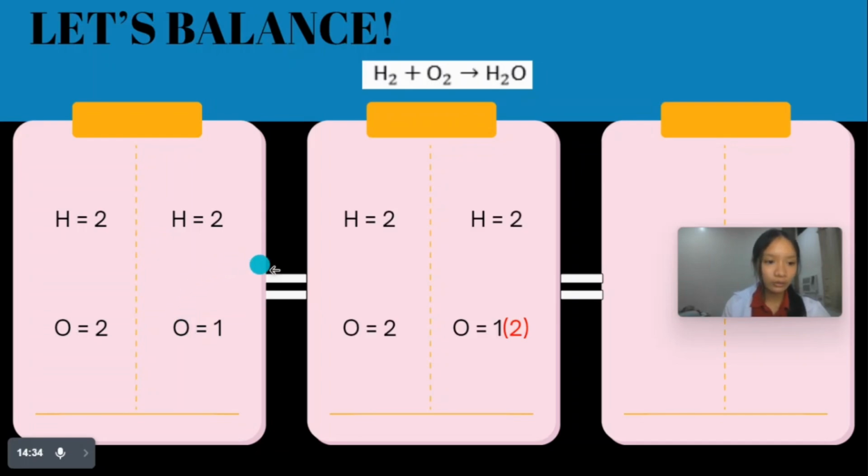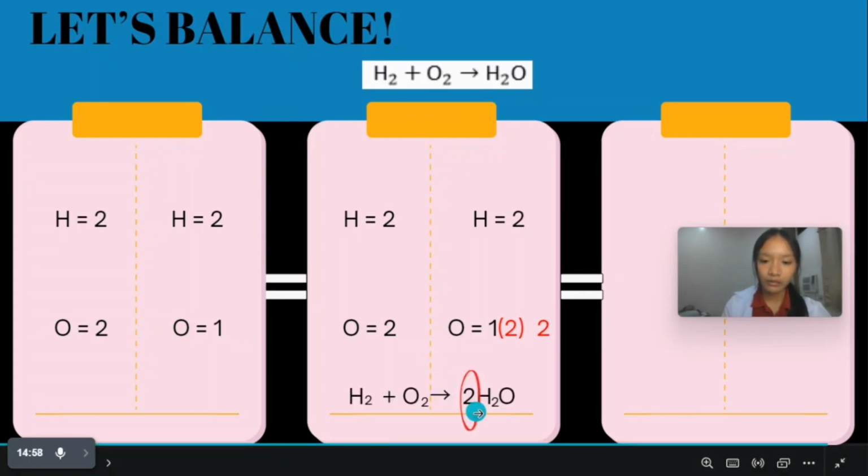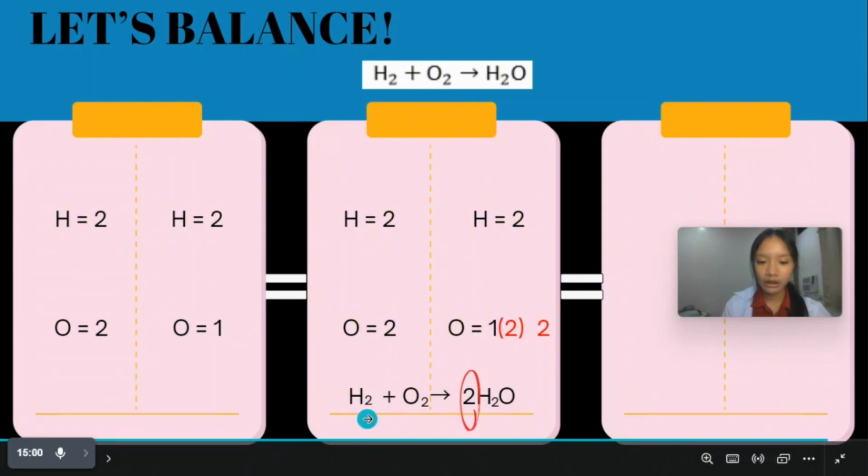Since hydrogen atoms are already balanced, we move on to balancing the oxygen atoms. To do this, we multiply the coefficient of oxygen, which is 1, by 2 to get 2. Thus, the equation becomes hydrogen reacts with oxygen and produces 2 water.